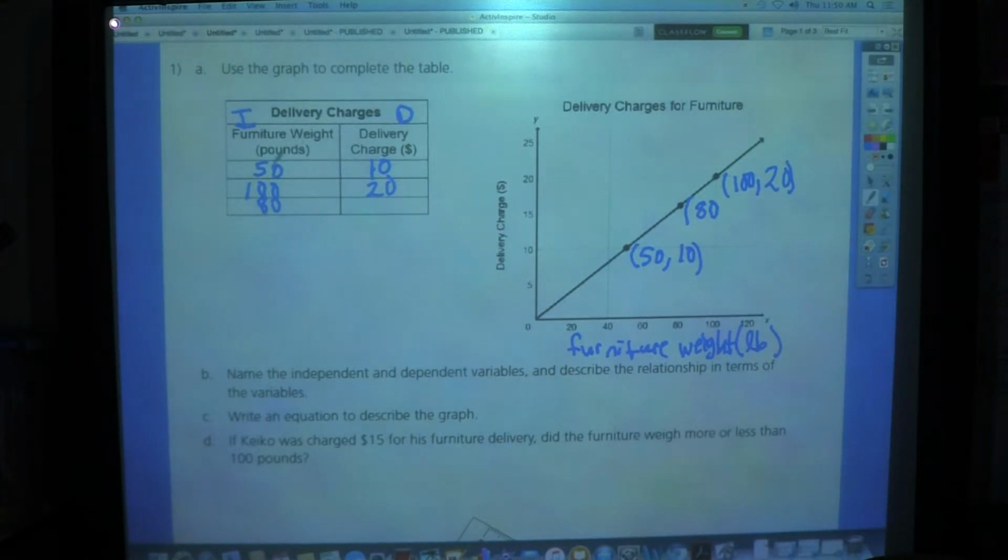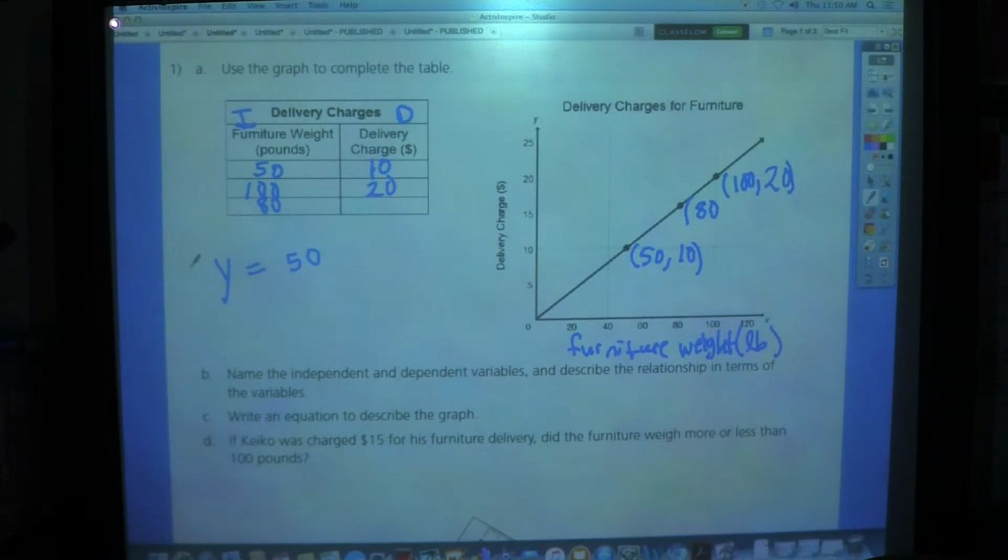If I have 50, and let's just look at it like this. Let's say y, the delivery charge, is going to equal the weight, 50. What do we do if y is equal to 10? What do we do to 50 to get 10?